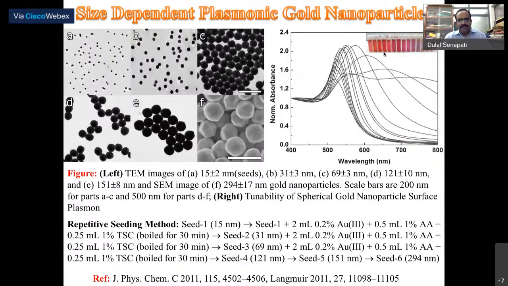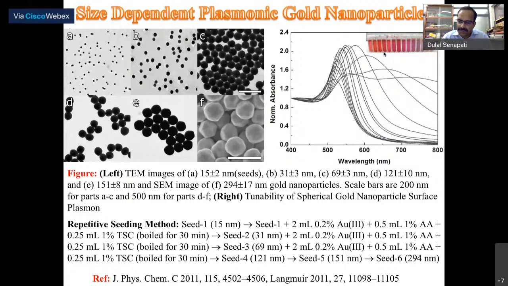Here the metal precursor is gold, and the trisodium citrate and ascorbic acid mixture is the ligand as well as the reducing agent. By boiling this, we can make a seed of size 15 nanometer, and in the next step we use that 15 nanometer particle as a seed.